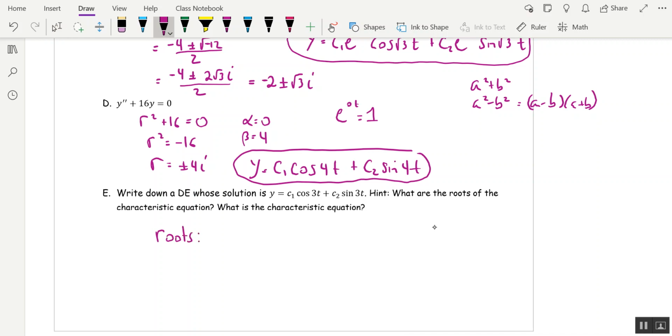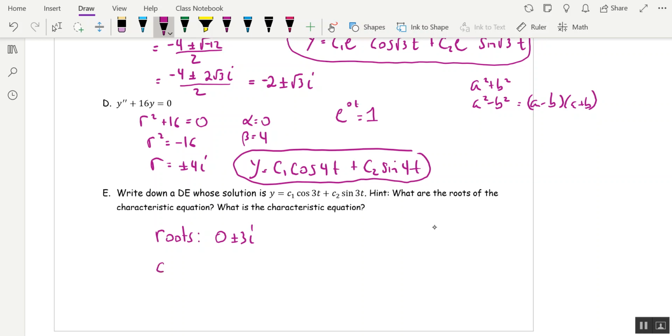If the solution looks like this, we know that alpha is 0 and beta is 3. Look at the example above, C1 cos 4t, C2 sine 4t. That came from 0 plus or minus 4i. So here our roots are 0 plus or minus 3i. That's 2 roots.